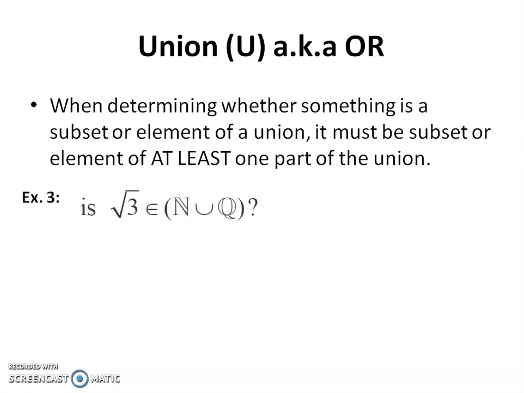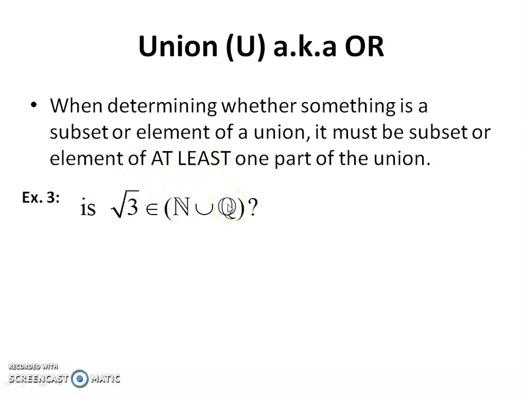As another example, is root 3, the number, an element of this set, N union Q? The natural numbers unioned with the rational numbers. So again, in terms of using this OR definition, I could figure out, is root 3 an element of N, or is root 3 an element of Q?